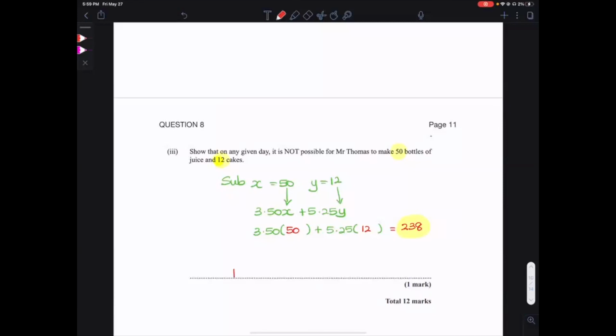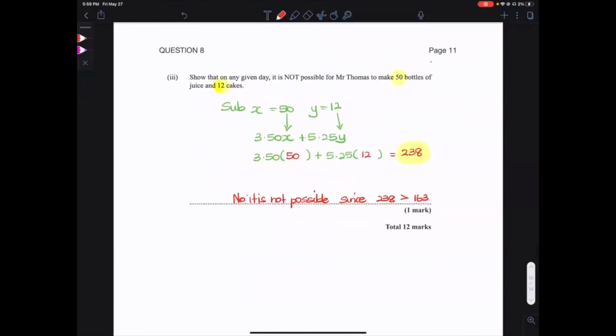So no, it is not possible since 238 is greater than 163. That is the reason. So the value here is greater than the amount that Mr. Thomas has. So that is why it is impossible for him to use that amount of money to make 50 bottles of juice and 12 cakes.